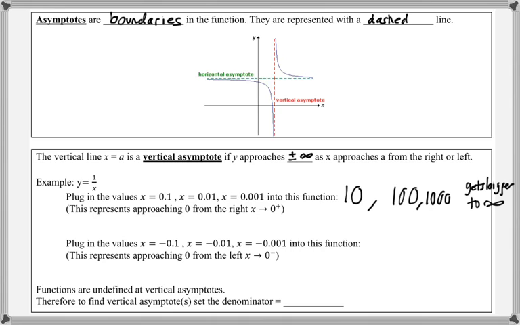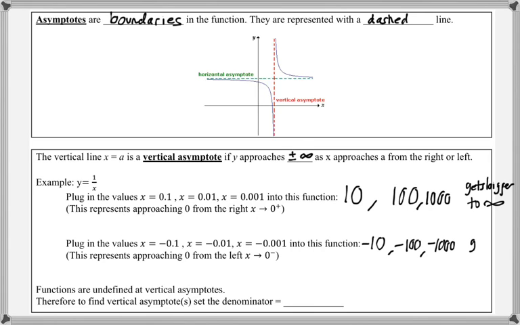The other one is if we get closer and closer to 0, but they're negative. So if you take 1 divided by negative 0.1, then you get negative 10, and then divide it by negative 0.01, then you get negative 100, and then you also get negative 1,000.